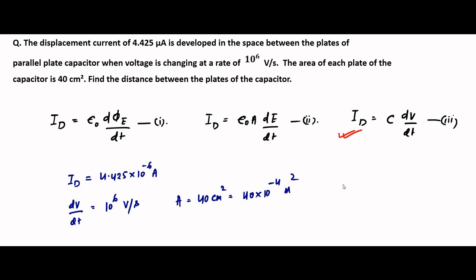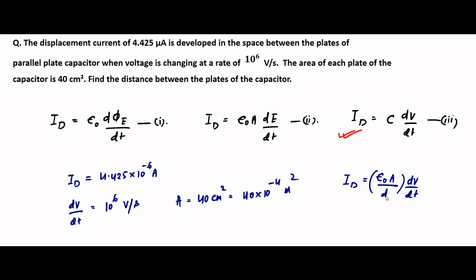You know that we can write the equation ID is equal to C dV by dt as epsilon 0 A by D into dV by dt, because the capacitance of a parallel plate capacitor is given by epsilon 0 A by D. Actually it is epsilon 0 epsilon R, relative permittivity comes into play, but nothing has been mentioned about that, so we'll keep it this way, with permittivity of free space, air.